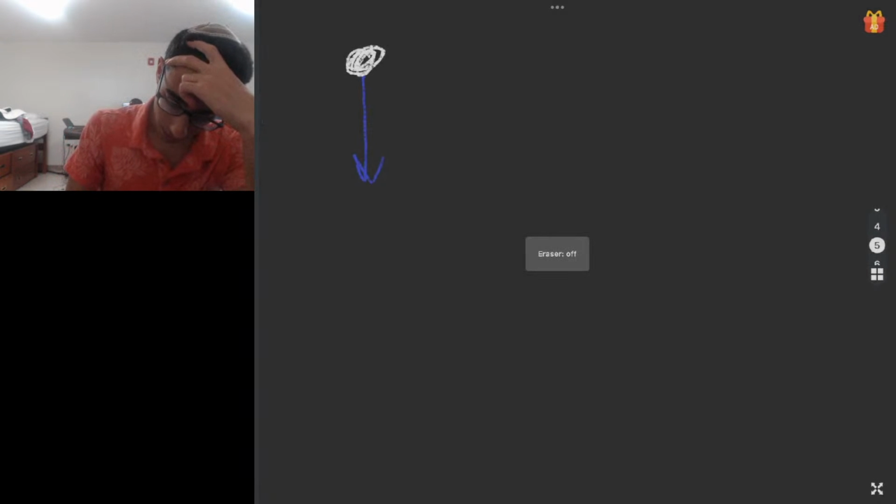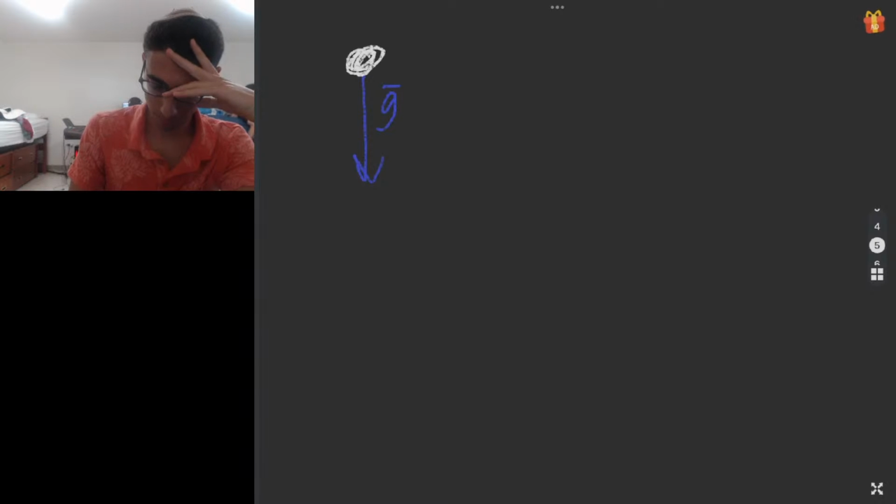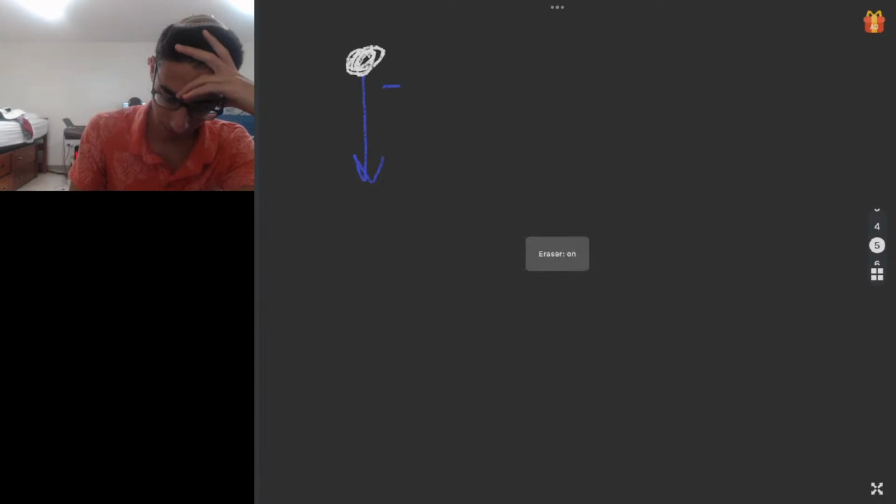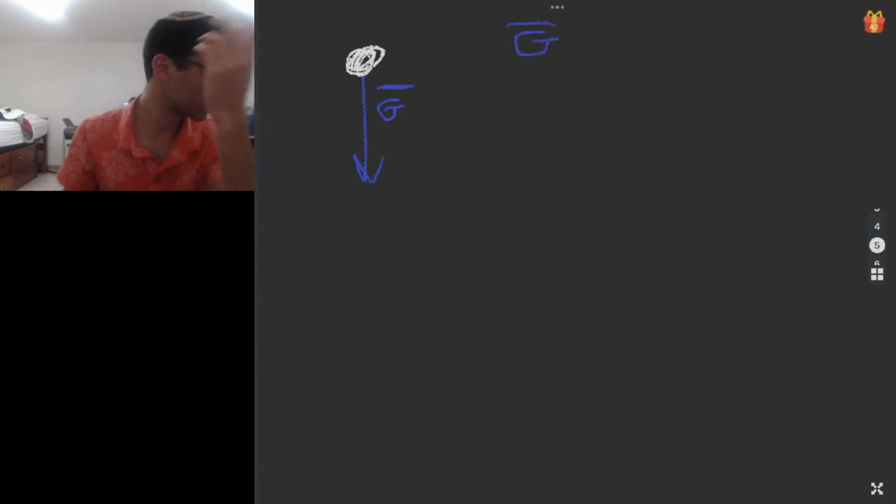The ball is falling because of some vector G, and I'm going to define G as follows. I'm going to make this capitalized because I can't do this without it being capitalized. Here's our vector G, and vector G is our acceleration, because that's what gravity is. It's accelerating.